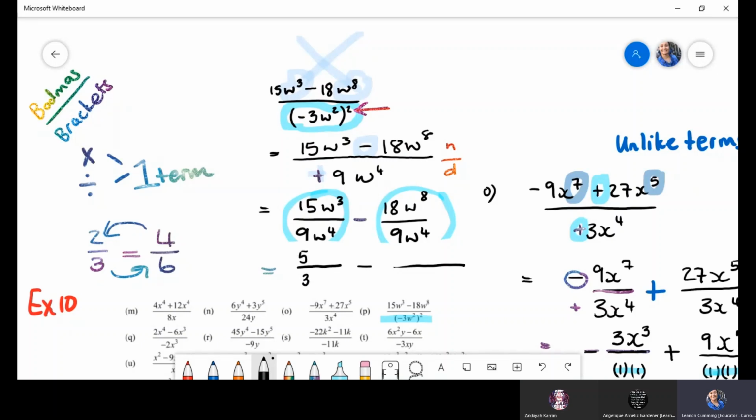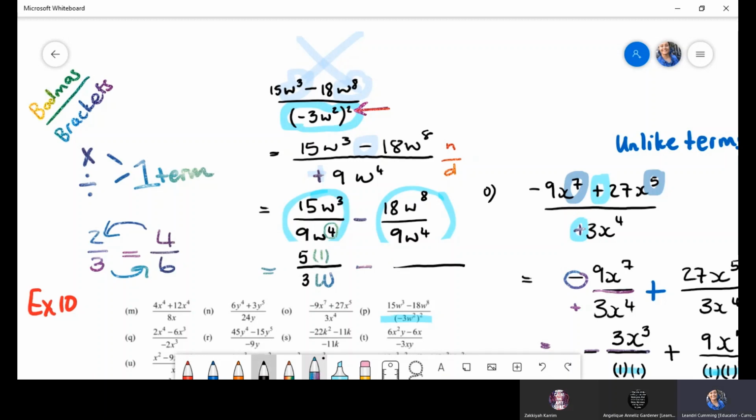W, now I look at where my power is higher, and I see 1 remaining in the denominator. Now I've got my negative here. Yes, don't lose it. And then I see, okay, great.